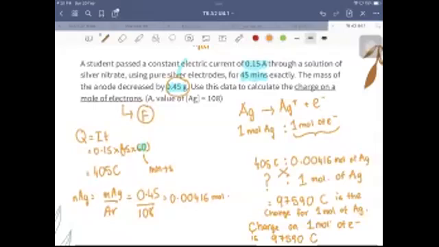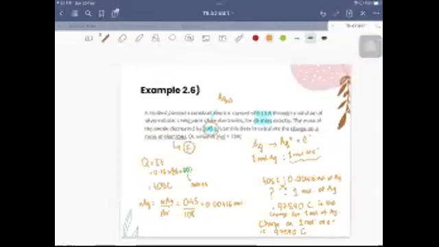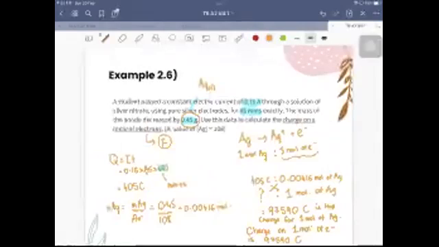And if you take it to 3 significant figures here, it would be 97600 coulombs. So far you can see, based on example 2.5 and 2.6, in 2.5 you can work out the value of Avogadro's constant experimentally. In 2.6 you can work out the value of 1 Faraday experimentally.